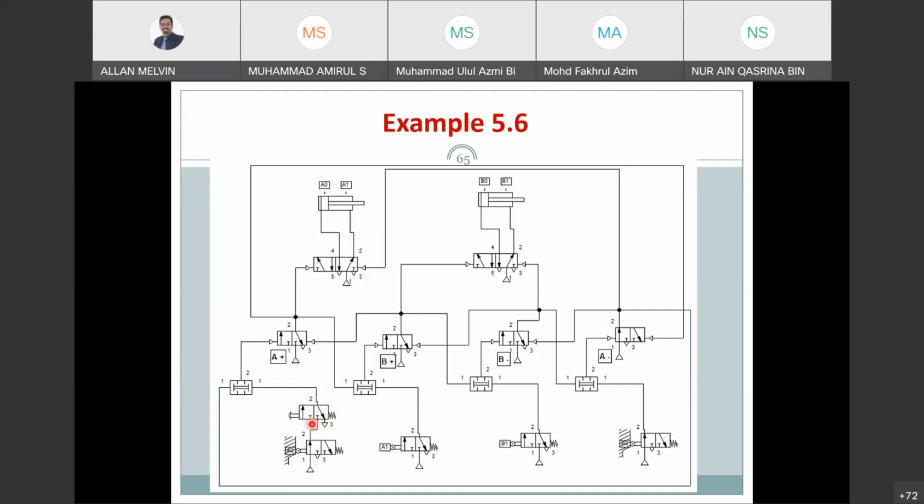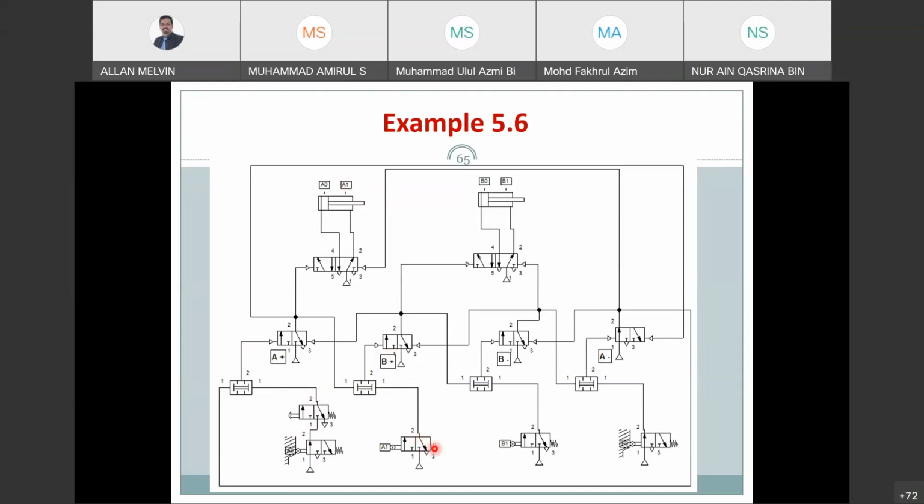Okay, so if the push button is changed to this side, there is no push button here. A0 is active, so it will give an input and your cylinder will extend. When it extends, which limit switch will activate? A1.